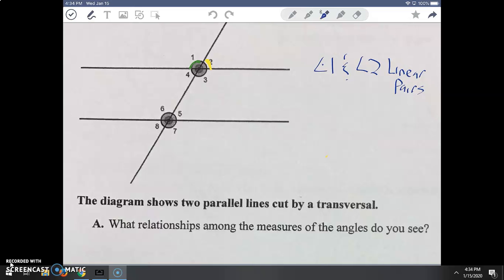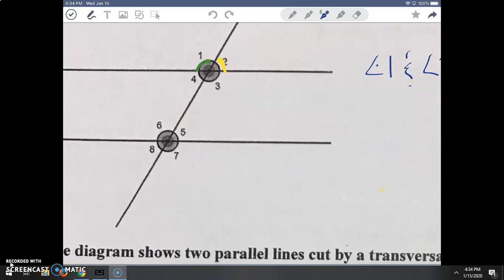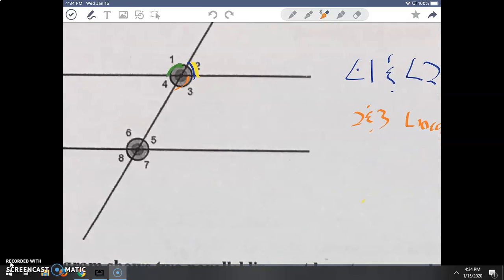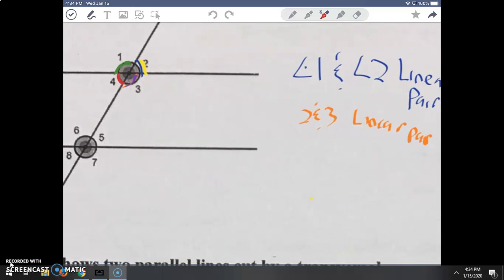They're supplementary. But notice that 2 and 3 are also two angles that create a line, a linear pair. You'll also notice angle 3 and angle 4 create a line, which is also a linear pair.